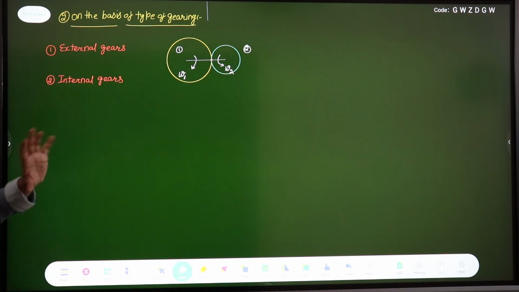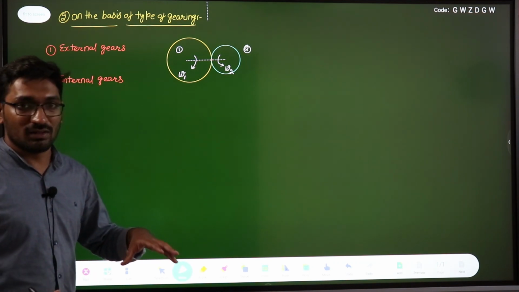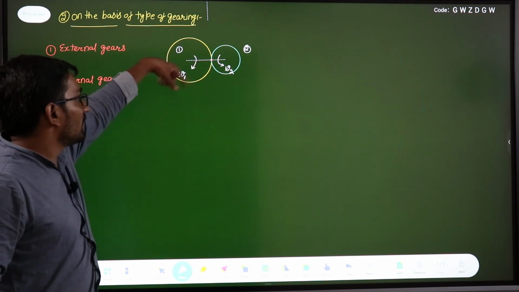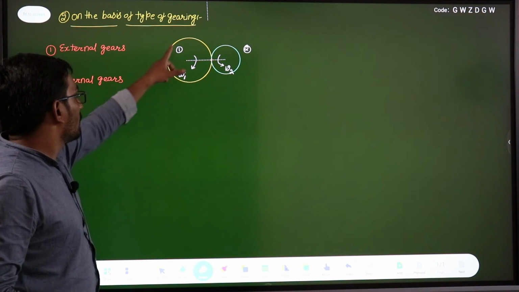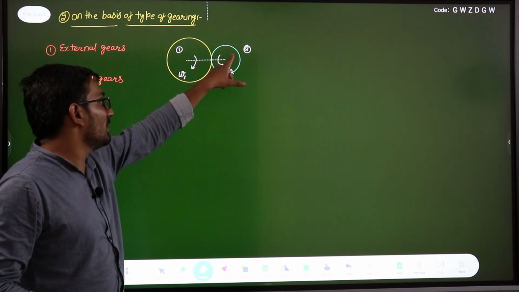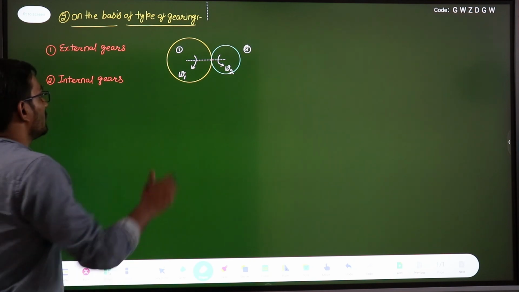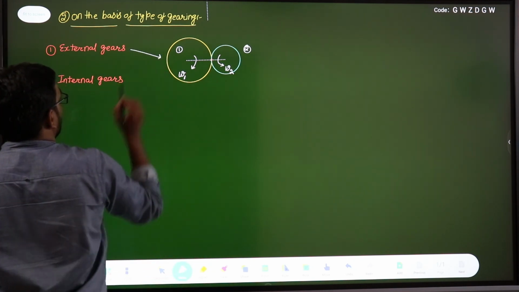So just remember that in the external gears, the direction of rotation of both the gears are opposite. If one is moving with omega 1 angular velocity in clockwise sense, then another one will be in the anti-clockwise sense. This is the example of external gearing.